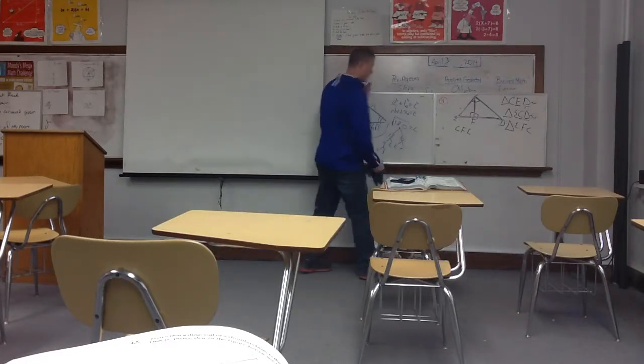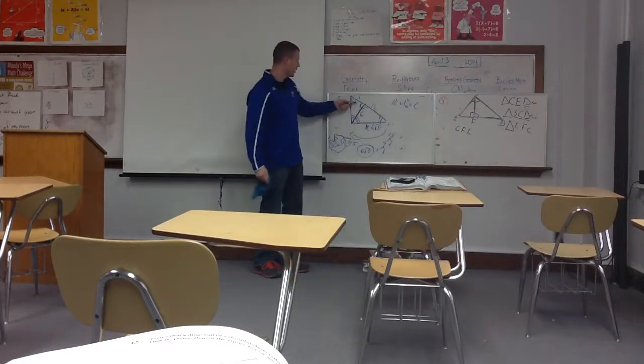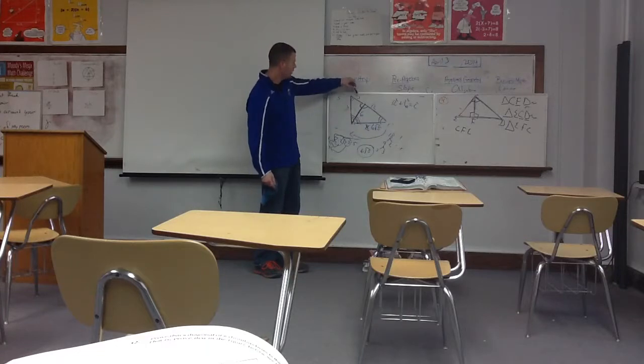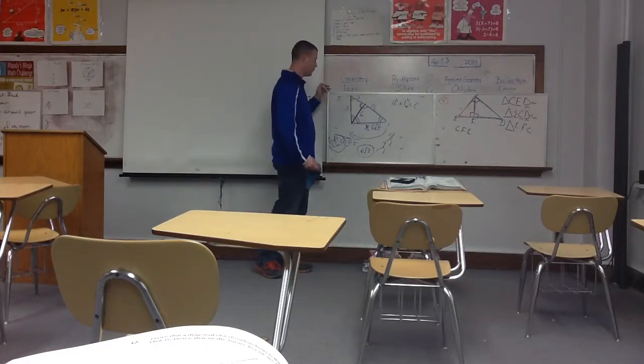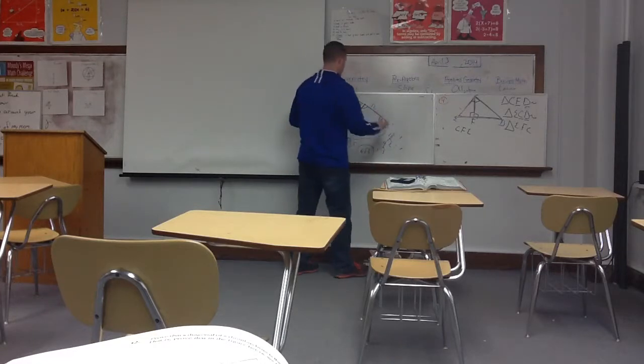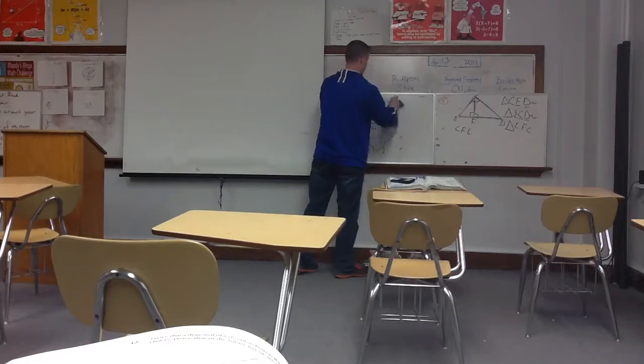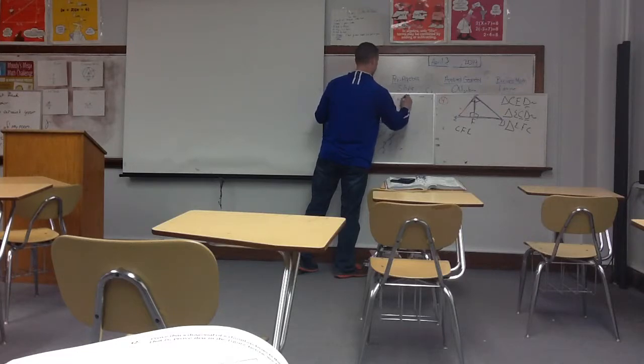So, we got that. Now let's do the Pythagorean theorem again. As you notice, this is a leg, this is a leg. So we can say 3 squared plus 6 squared is equal to y squared. Let me write that here for you guys. 3 squared plus 6 squared is equal to y squared.